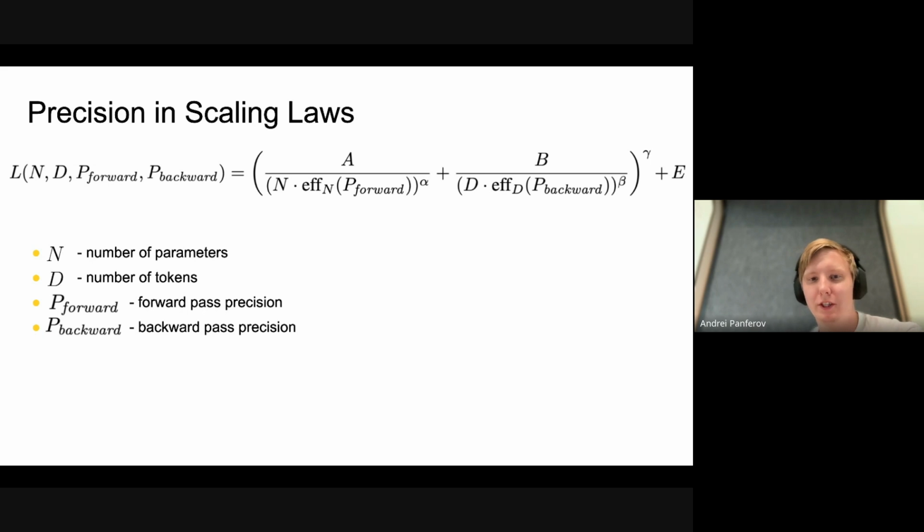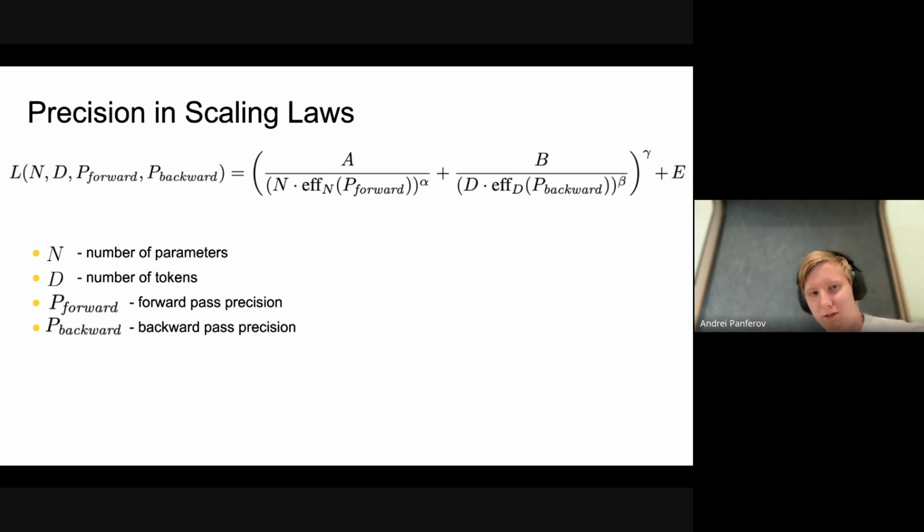And in general, in some form, this scaling law has already been proposed, because the idea to model the effect of forward pass quantization as a multiplicative factor on the number of parameters has been proposed numerous times. But modeling the effect of backward pass quantization on the number of tokens that we're training on is novel, and to the best of our knowledge, we're the first to propose this.